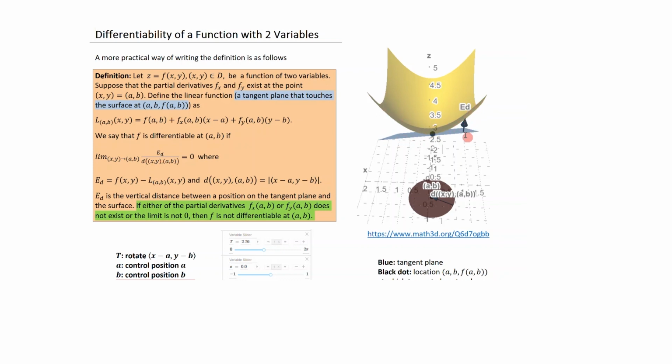The distance between any point on this plane and this curved surface is this distance E that we're looking at in the numerator. And the distance in the denominator is this one that we see here, which is just the region of interest on the xy plane between the point and the point of interest. You can play with this simulation if you wish. It shows how we can extend the notion of differentiability from one variable to two variables using a geometric principle.